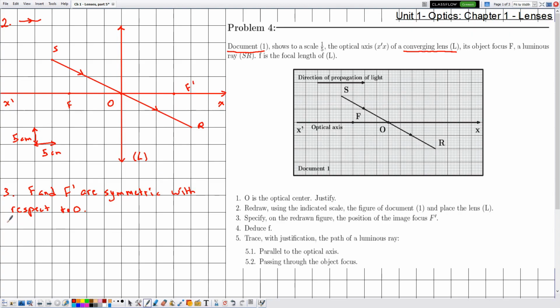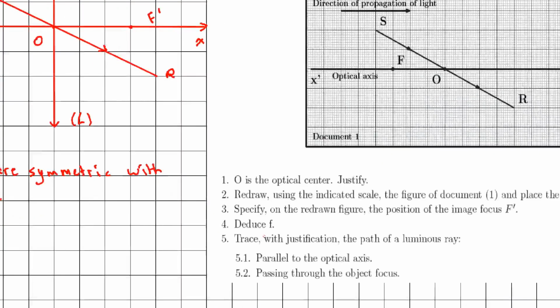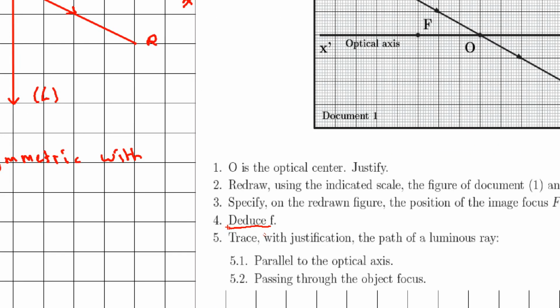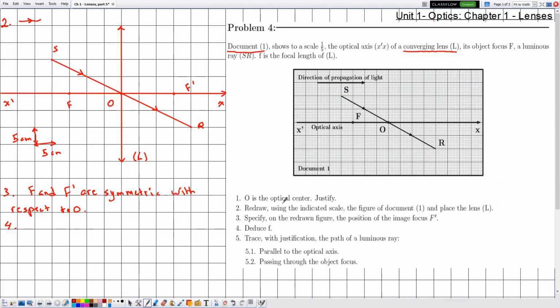And now in part 4 they are telling me deduce f, and the word deduce means here that we need to use the part just previously before. So we need to calculate the focal length f. In part 3 we have determined the position of the image focus, and we already know the position of the optical center.